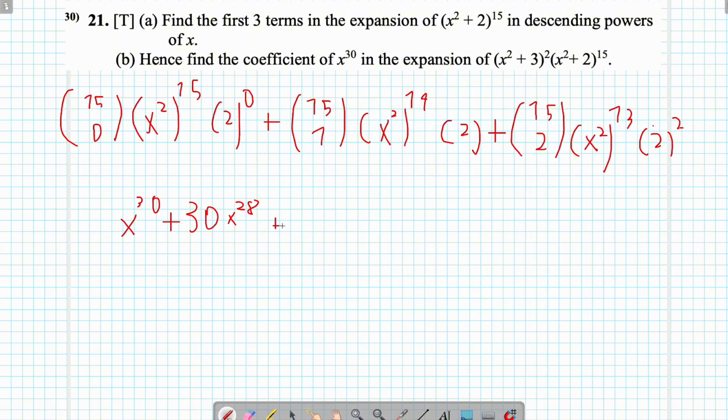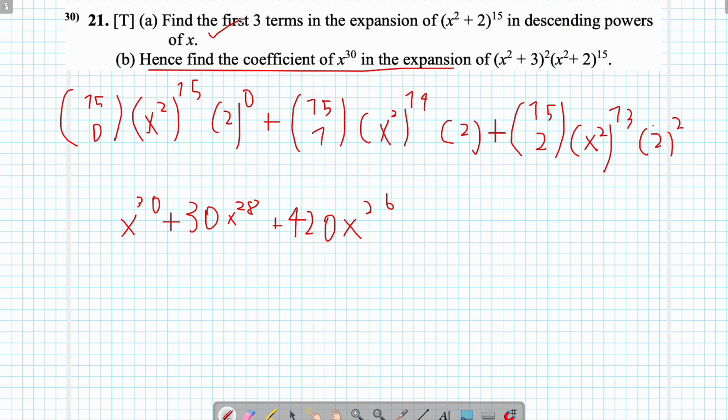Never mind. And then plus 15c2 times 4, which is 420 x to the 26. By the way, if we're done with this, we're done with part A.